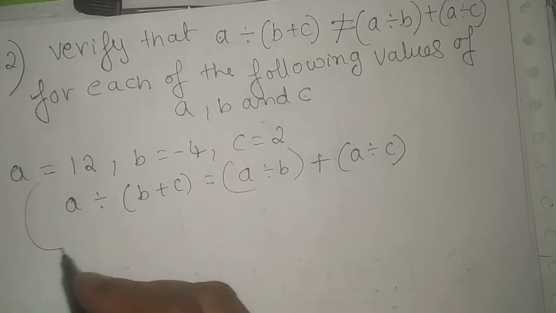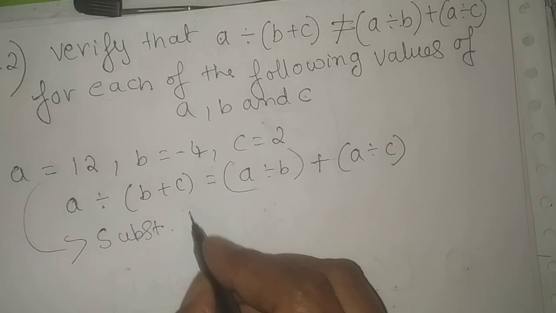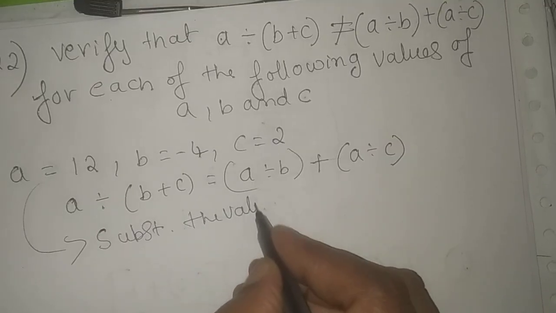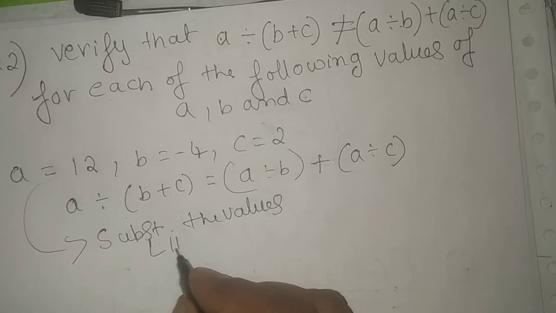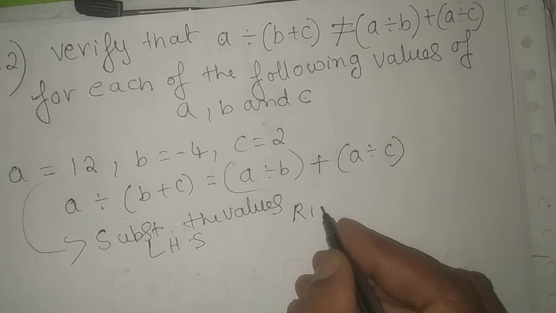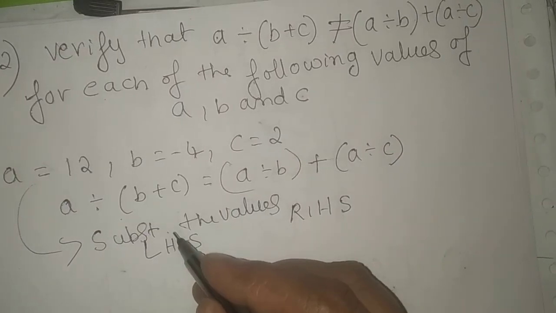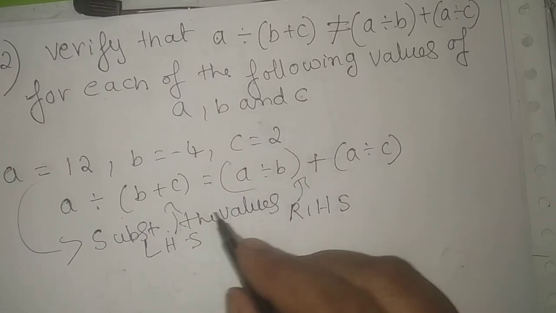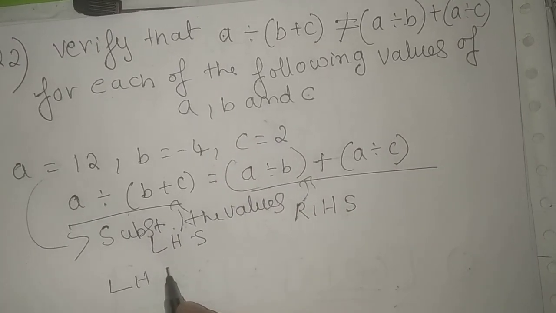Substitute the values. So in the equation we'll take this as LHS and this as RHS. Let us take LHS.